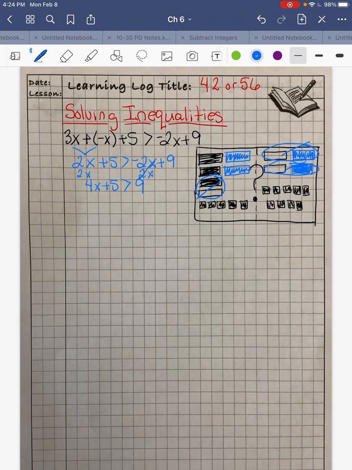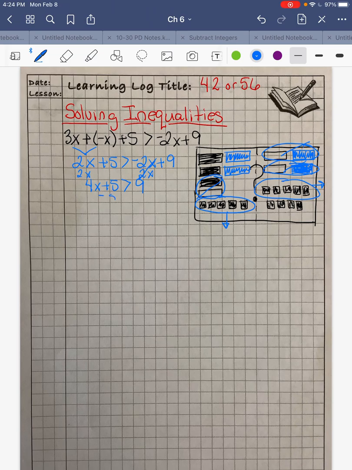So now we've got all the x's on one side, but I want to make the units go on the other side. So I want these 5 units to go away. Now I can take them away as long as I take them off of both sides. So if I take 5 here, I have to take 5 here, which is fine, as there are 5 on that side to take.